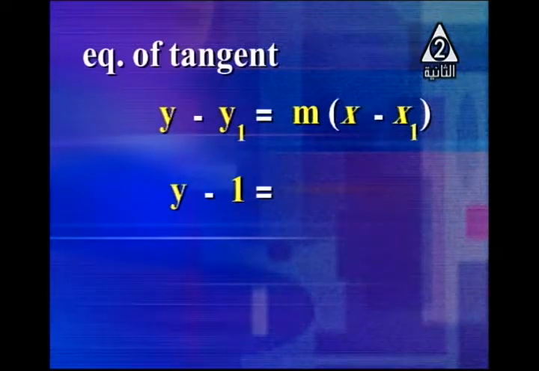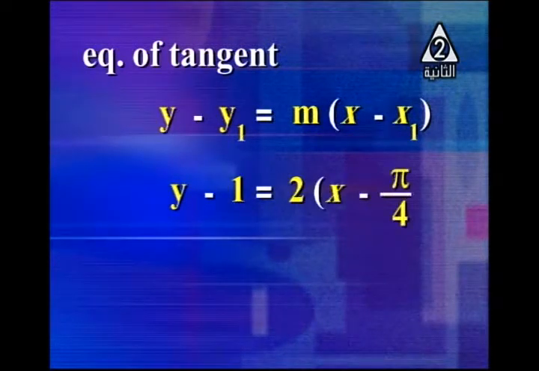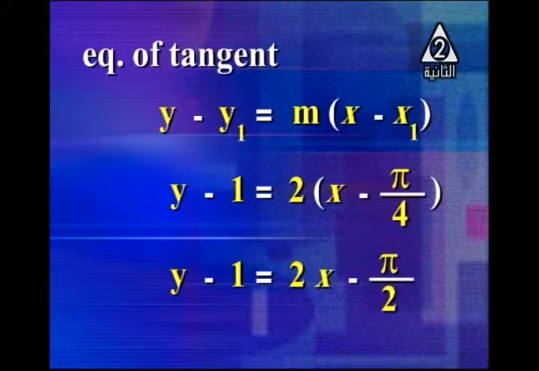Therefore, the equation is y minus 1 equals 2 multiply x minus pi over 4. Then y minus 1 equals 2x minus pi over 2, so 2x minus y plus 1 minus pi over 2 equals 0. This is the equation of the tangent.